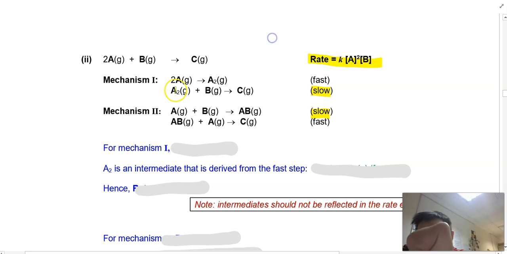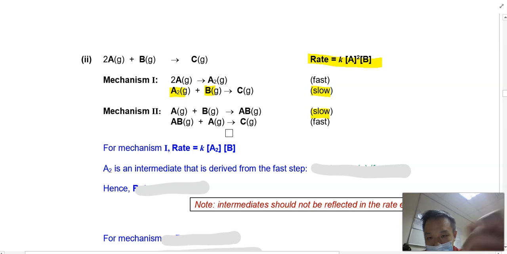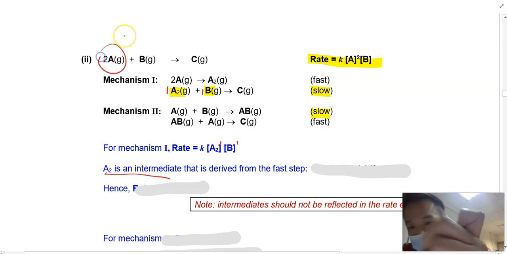Mechanism 1, A2 and B. As a result, rate = k[A2][B]. This is what you will write first as the very first cut when you look at the slow step: 1 A2 and 1 B in the slow step, therefore rate = k[A2]^1[B]^1. But A2 itself is an intermediate, because A2 does not appear as a reactant.